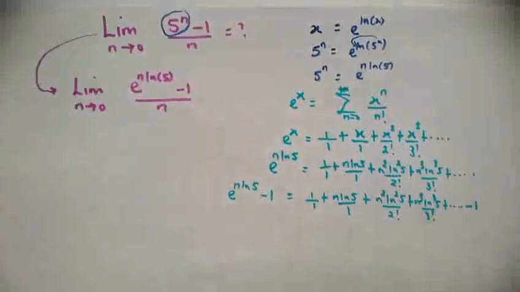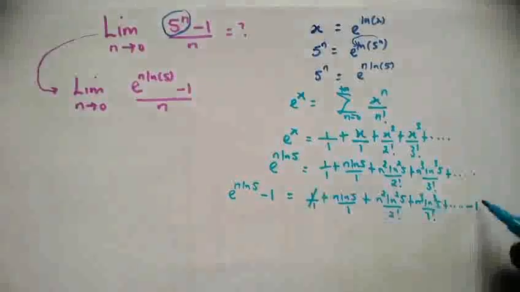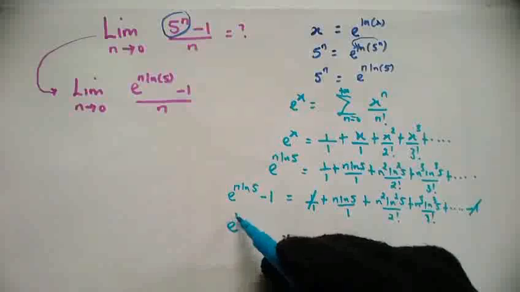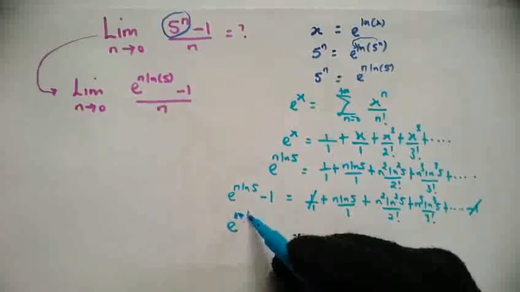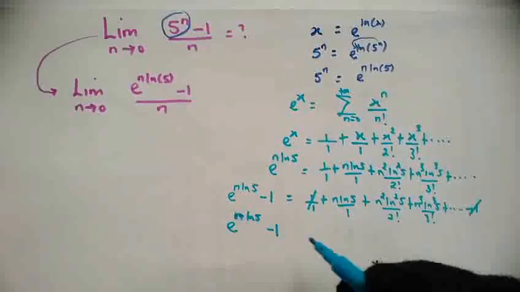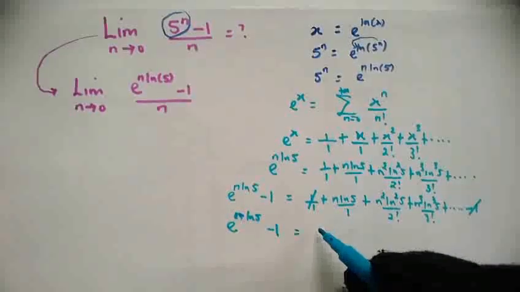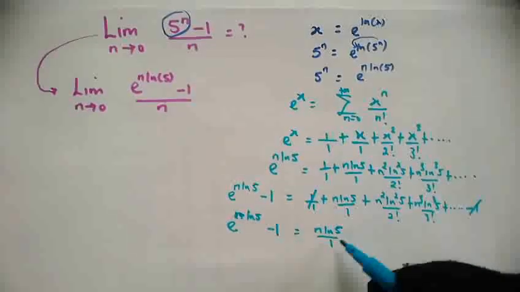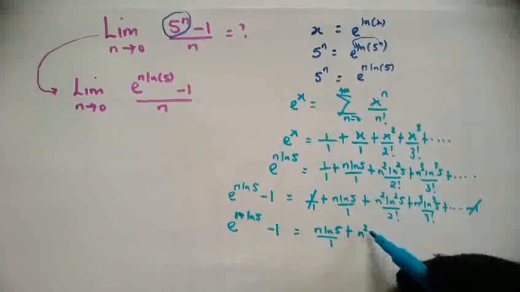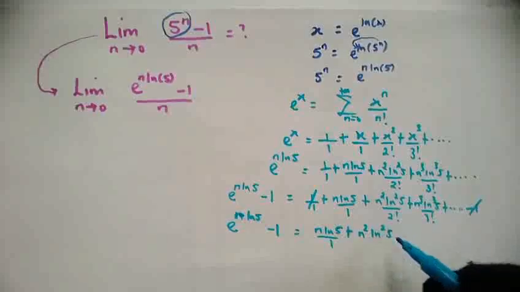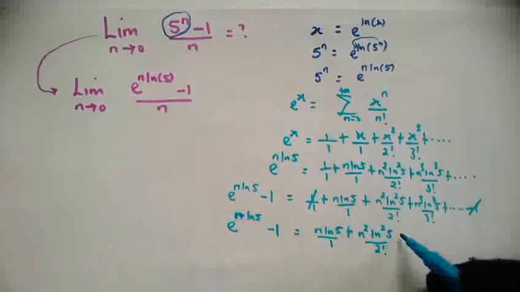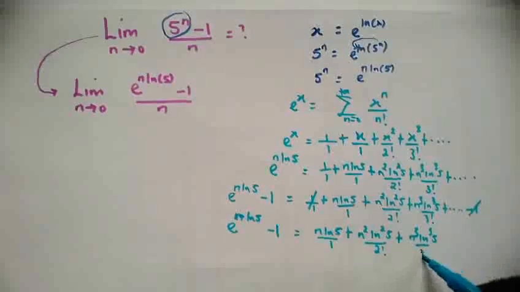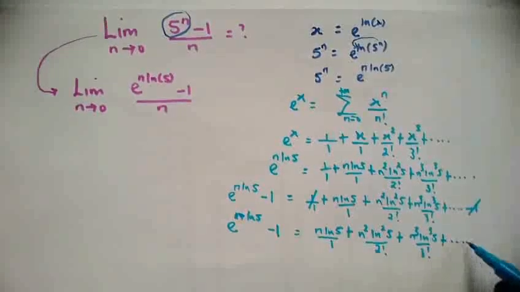Remember that this 1 and this negative 1 cancel out, so we are left with n times the natural logarithm of 5 plus n squared times the natural logarithm of 5 squared over 2 factorial plus n cubed times the natural logarithm of 5 cubed over 3 factorial plus and so on.